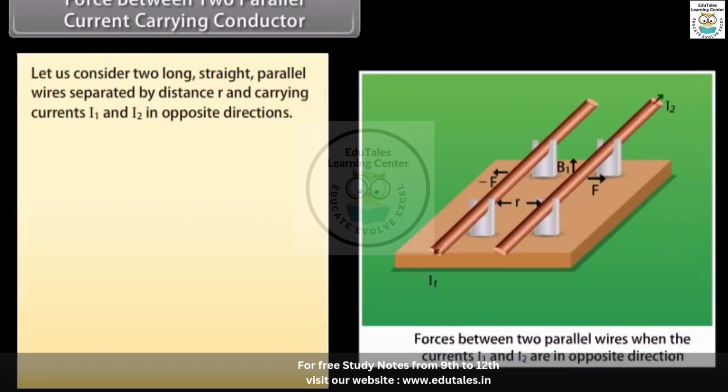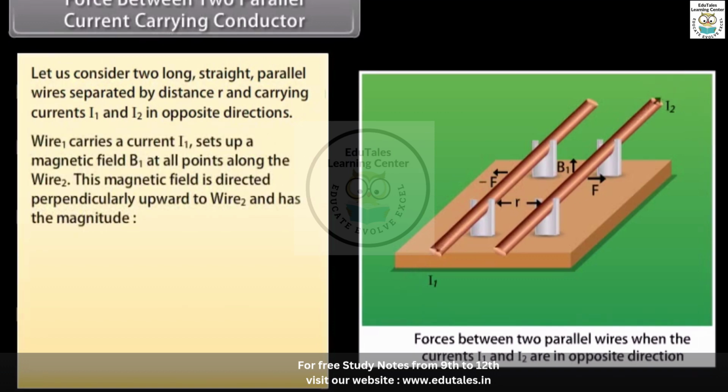Force between two parallel current-carrying conductors. Let us consider two long, straight, parallel wires separated by distance r and carrying currents I1 and I2 in opposite directions. Wire 1, carrying a current I1, sets up a magnetic field B1 at all points along wire 2.